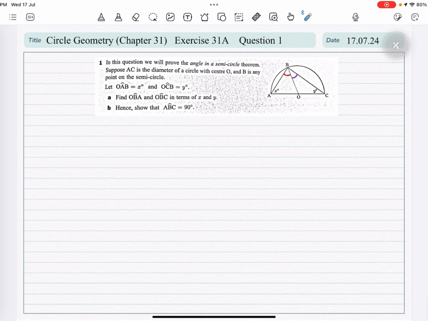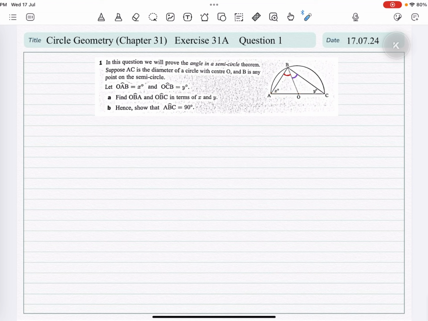Instead, you should look at the sides, because this is a circle and this is the center, so AO is a radius, as well as BO and CO. Thus we can deduce something from the fact that two sides of this triangle are made up of radii, and the radii are equal to each other.